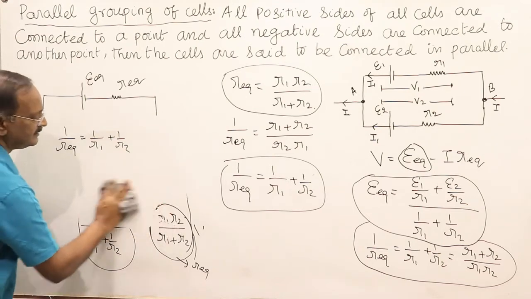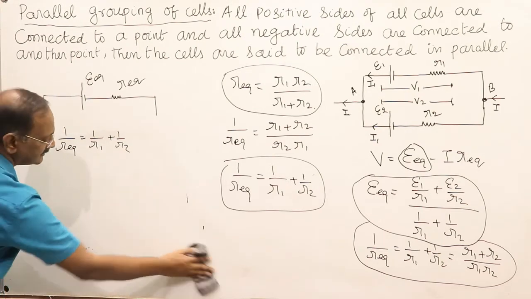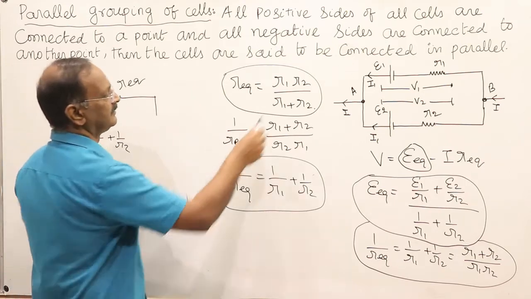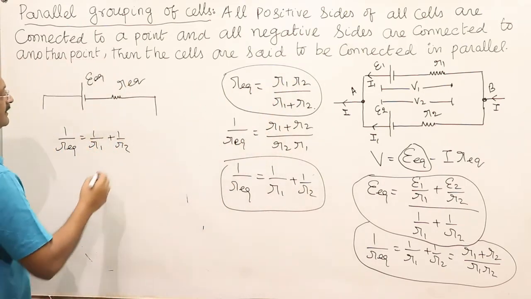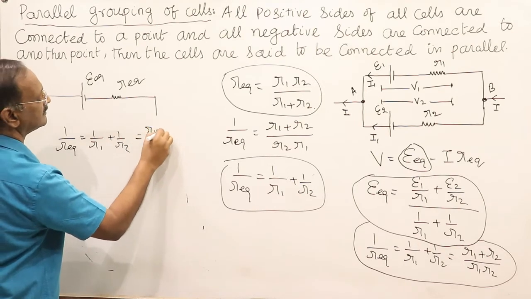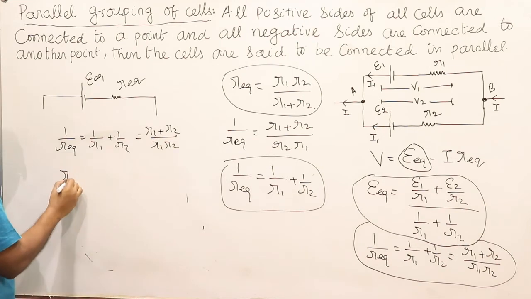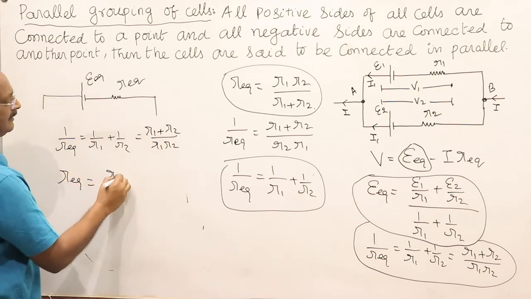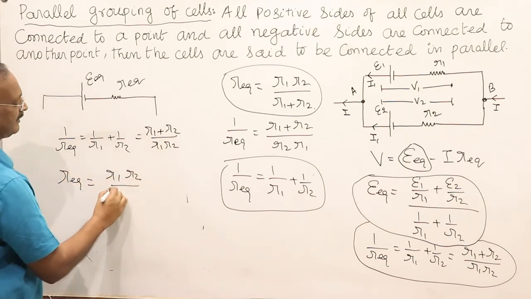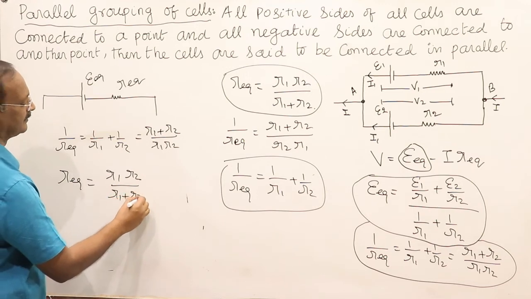R equivalent can easily be found from this equation. R equivalent is equal to R1 plus R2 by R1 R2, or R equivalent is equal to R1 R2 by R1 plus R2.